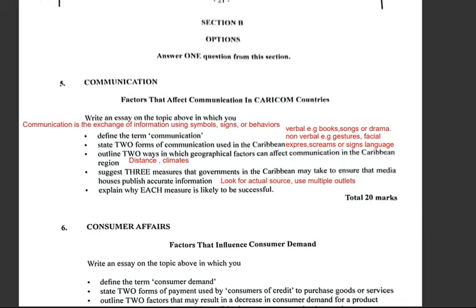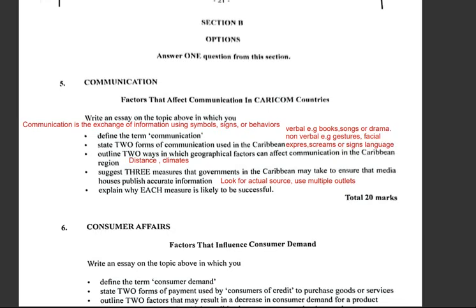The two forms would be verbal communication, with examples such as books, songs, or drama. Then we have non-verbal communication, which includes gestures, facial expressions, screams, signs, and language.